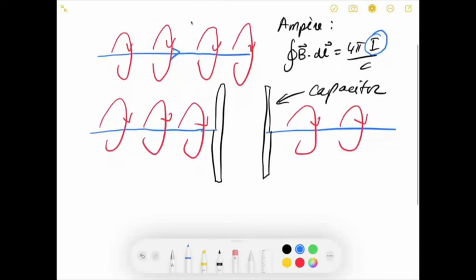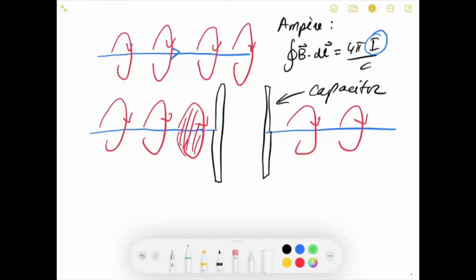So the argument goes that actually the current is the current that pokes a hole in the Amperian surface under consideration. So for instance, it could be this Amperian surface. But actually Ampere's law does not really place any limits on what that surface needs to look like as long as it is bound by this contour.